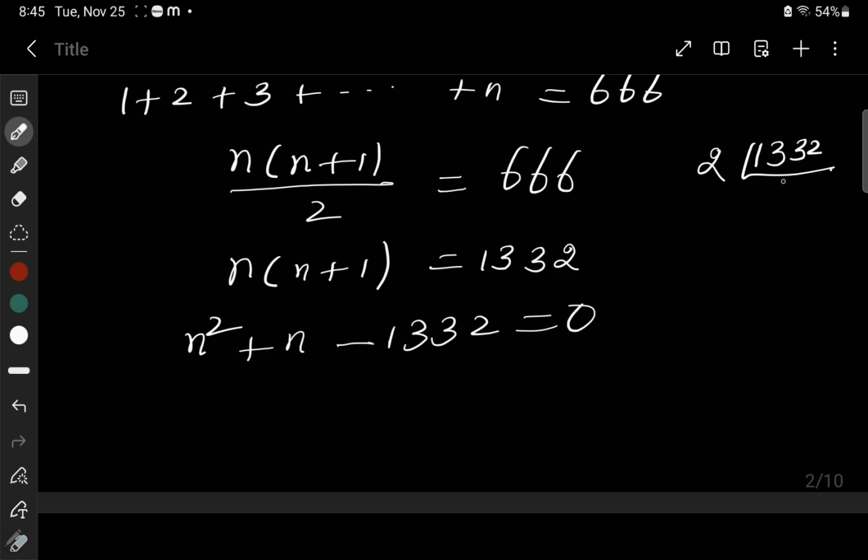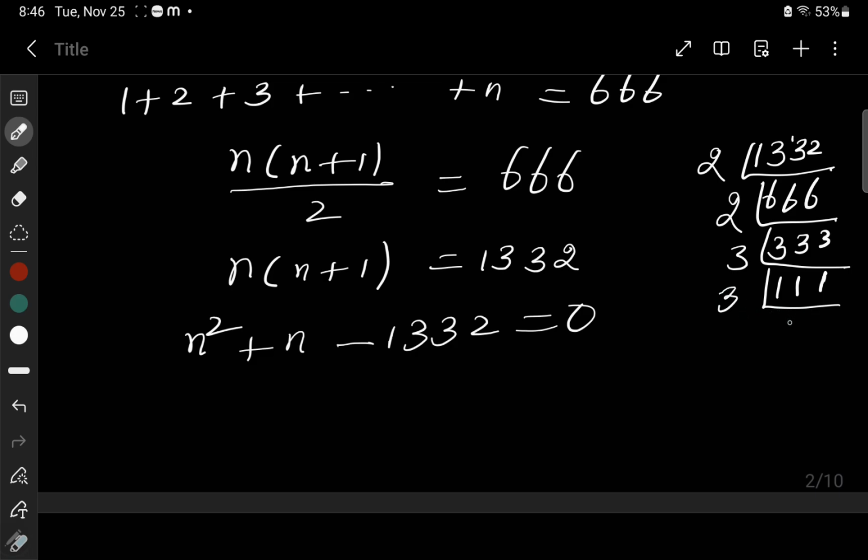Now you factorize this, find the factors for this number. Even number, divide by 2. 6 2s are 12, 6. Then again divide by 2. 3 2s are 6, 3. 1 3s are 3. See this number 333, again it will be divisible by 3, because you add the digits 3 plus 3 plus 3. So you divide by 3. 3 3s are 9, remainder 1. 7 3s are 21.